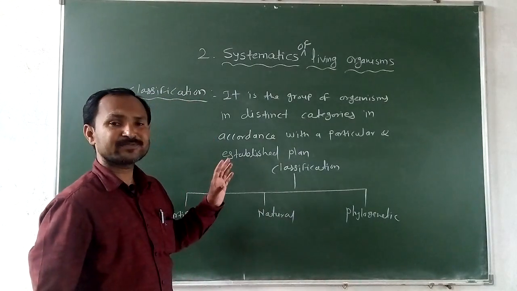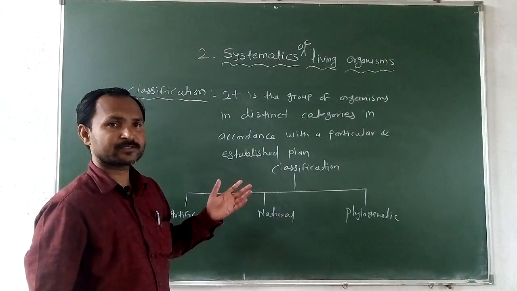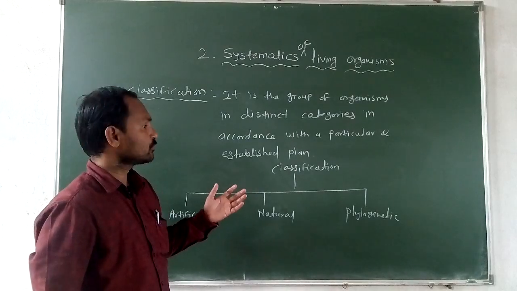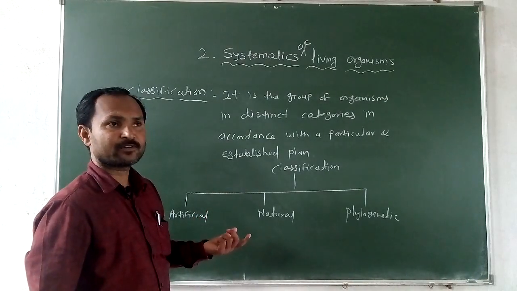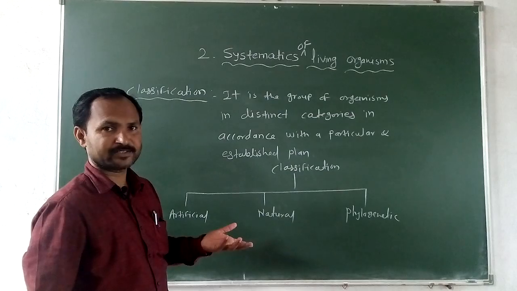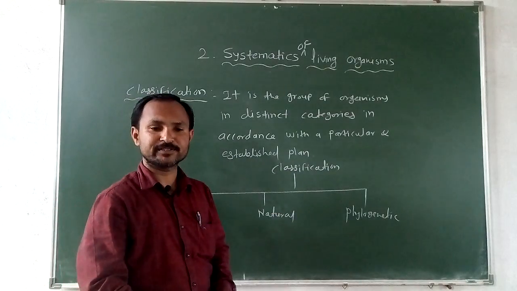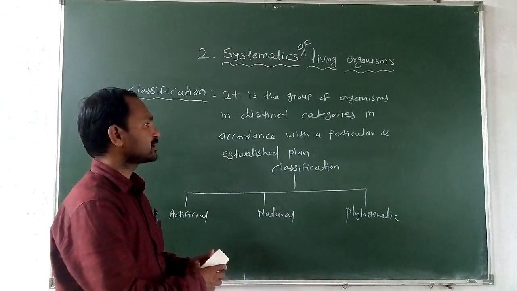These are the different types of classification to classify the plants and to classify the animals. So what is the artificial classification? On what basis does it classify the organisms? First thing, second natural, and third phylogenetic. Now first we will see the artificial classification.